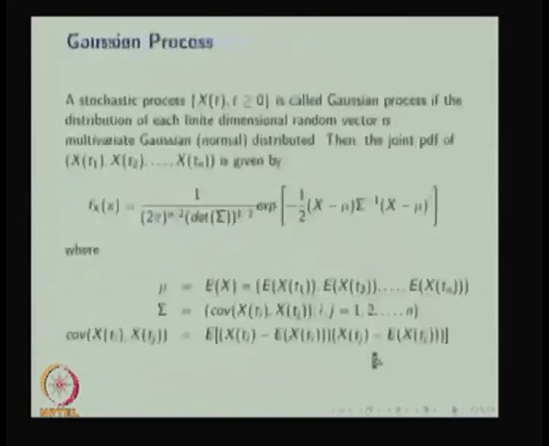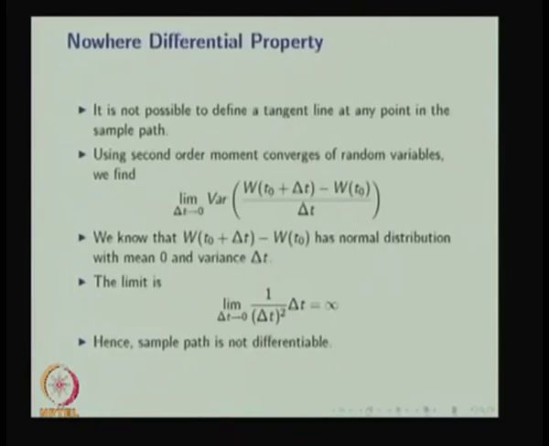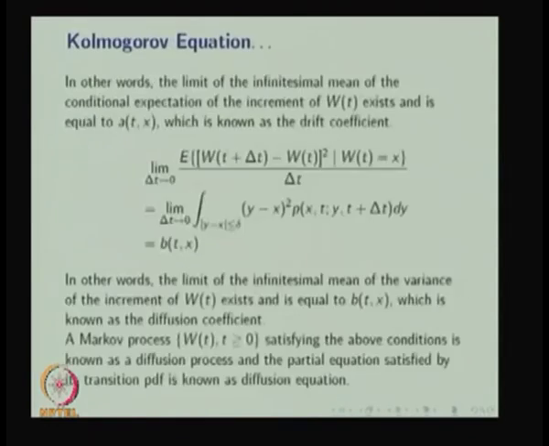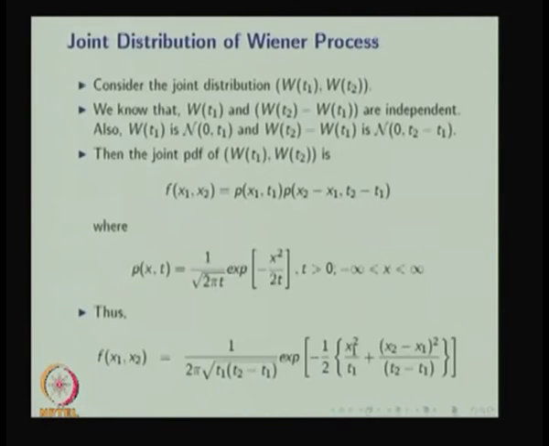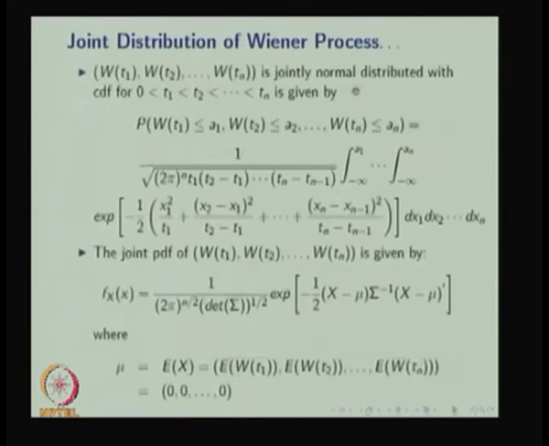Note that W of T1 and W of T2 are not independent, whereas W of T1 with W of T2 minus W of T1 are independent random variables. So using that we find the joint distribution of W of T1 with W of T2.